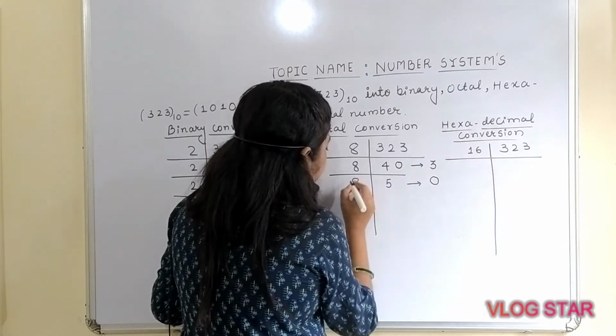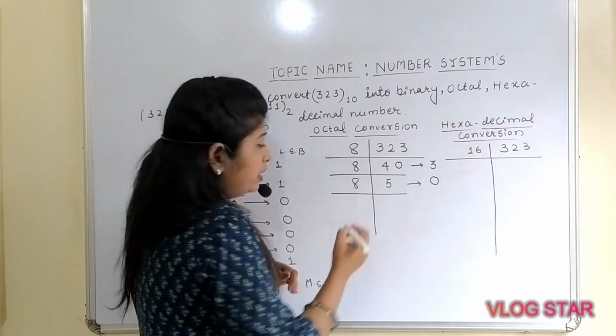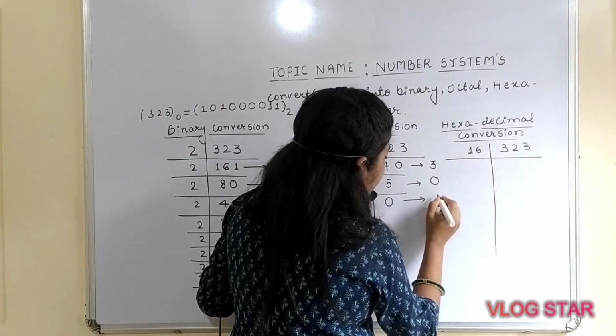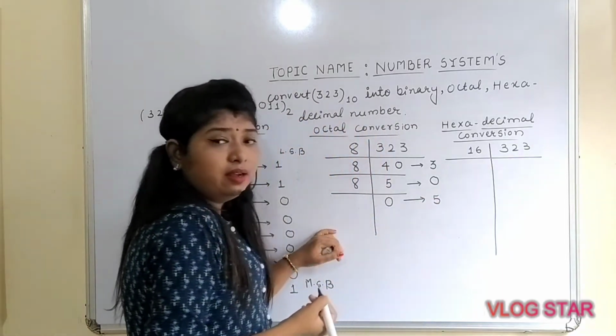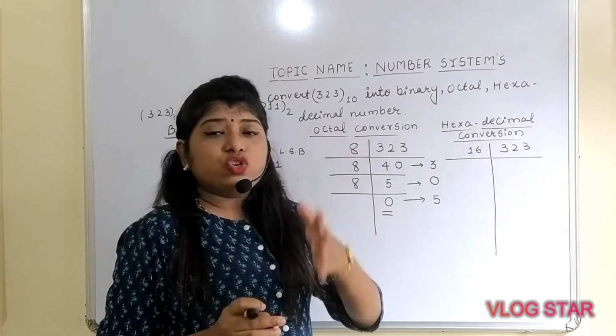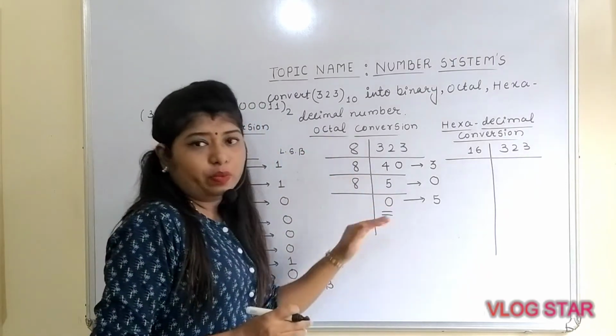So again if I divide 5 by 8, what would be the quotient? Here I will get 0 and here 5 as the remainder. So here, as I told you, once you get quotient equal to 0, at that particular moment you have to stop the division.